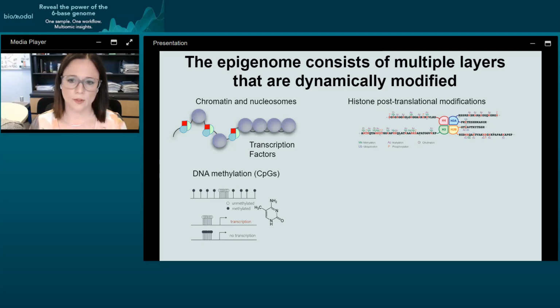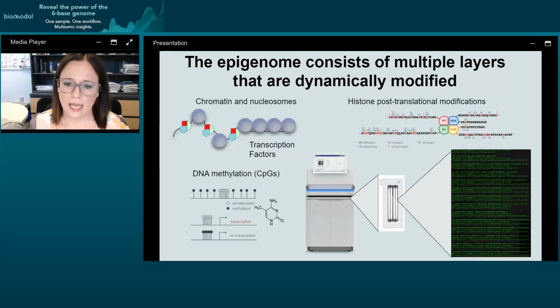And that's something that I'm going to talk about a lot more in detail. But all of these different layers can be measured site-specifically at high resolution, at unprecedented scales genome-wide. But the one thing that we're lacking are methods that allow us to view each of these layers simultaneously to understand their coordinated dynamics over time. And that's something that my lab focuses on.